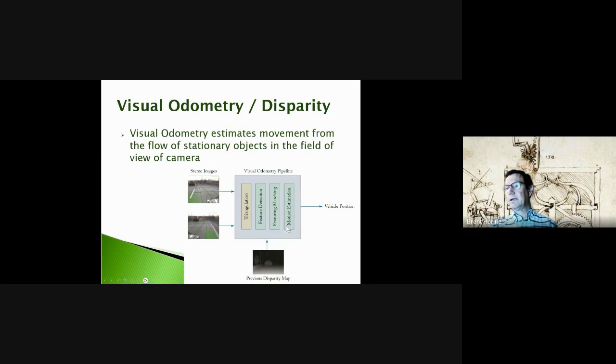And then you can look and see how those features moved from one image to another, and ultimately discern motion, right? And then if you know your initial position and you've calculated some motion, then you can use that to update your vehicle position, right?